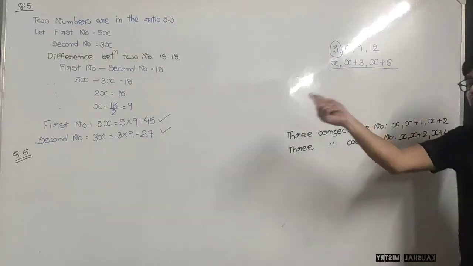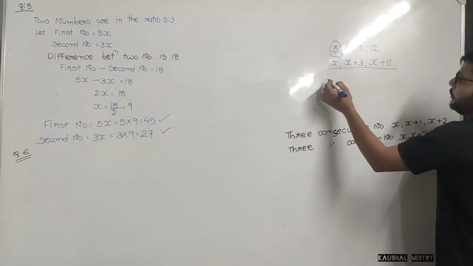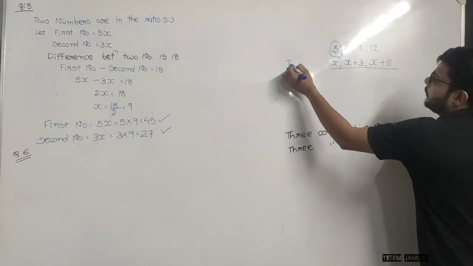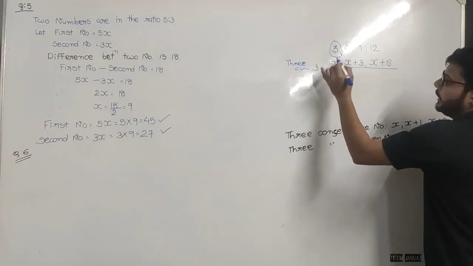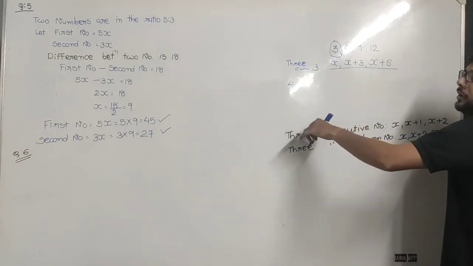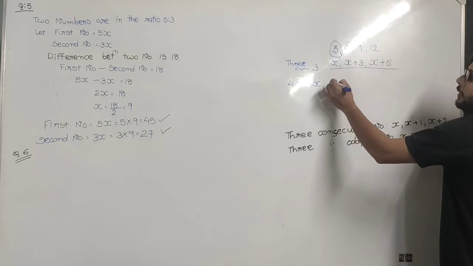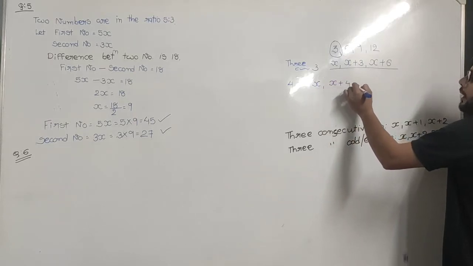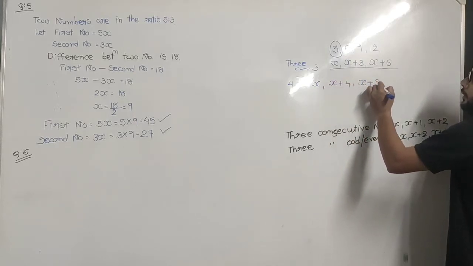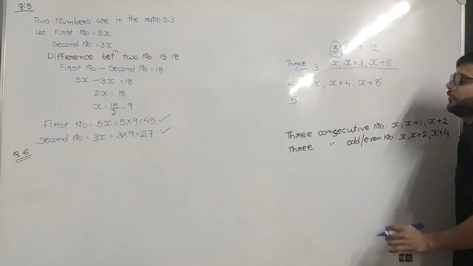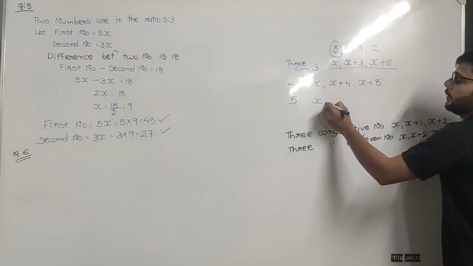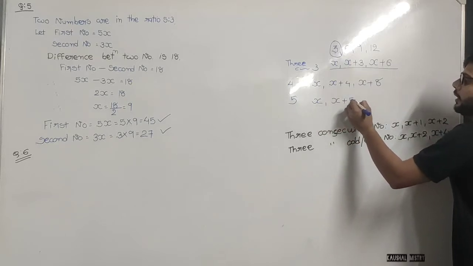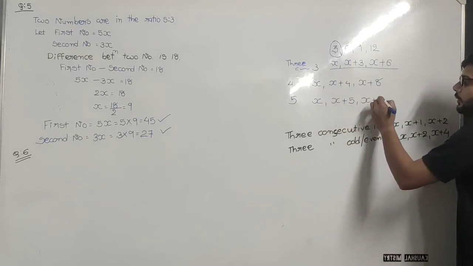That means if multiple is said, then you have to assume this will be the answer for 3 consecutive multiples of 3. Now if it is a multiple of 4, then you have to assume x plus 4 and x plus 8, right? If 3 consecutive multiples of 5, that means x plus 5 and x plus 10, right?